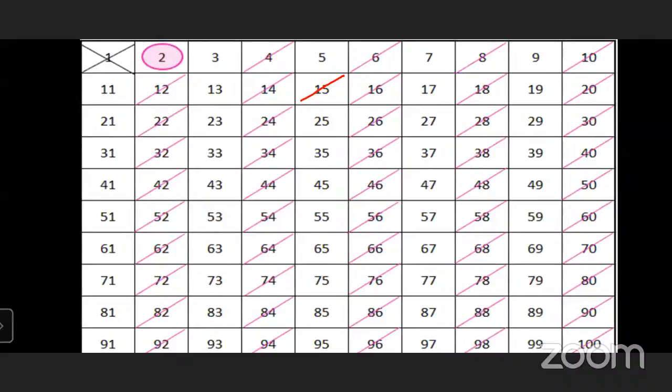These are prime numbers. Total prime numbers are 25 and the remaining numbers are composite numbers. Okay.